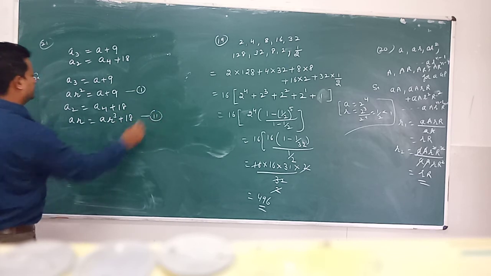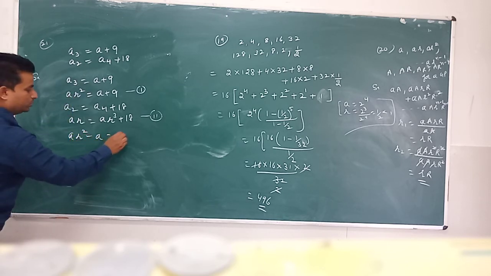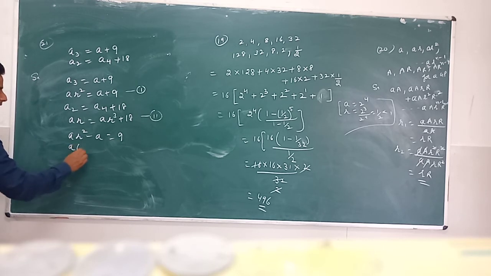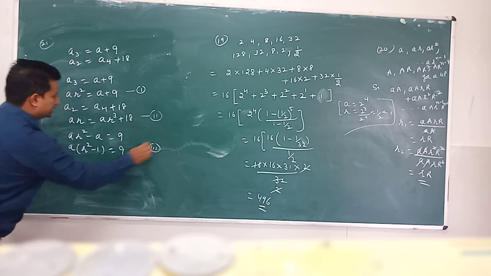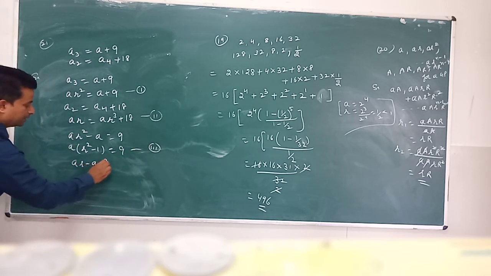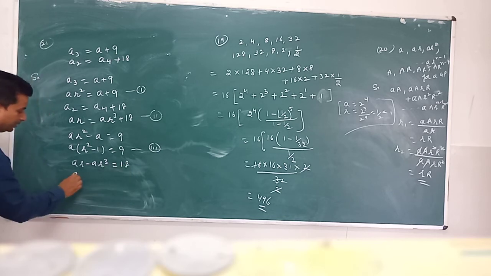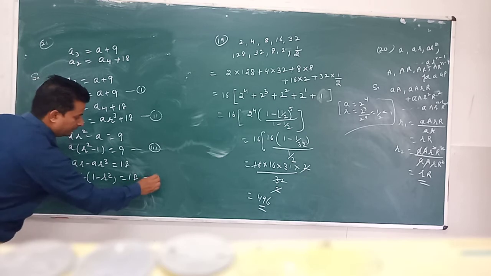This is equation number 2. Here ar square minus a equals 9. Take a common: a(r square minus 1) equals 9. This is equation 3. Here ar minus ar cube equals 18. Take ar common: ar(1 minus r square) equals 18. This is equation 4.